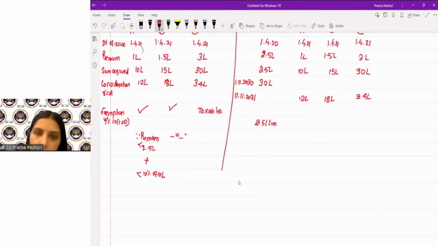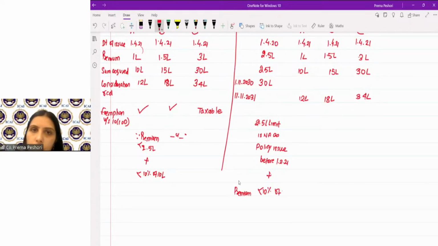The 2.5 lakh limit is not applicable as the policy was issued before 1/2/21, plus the premium is less than 10% of the 25 lakh sum assured.